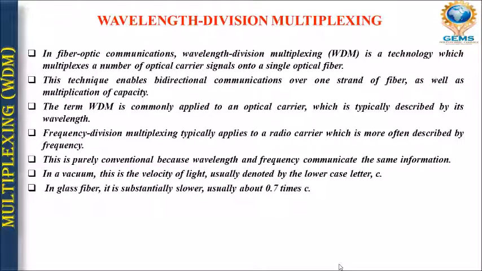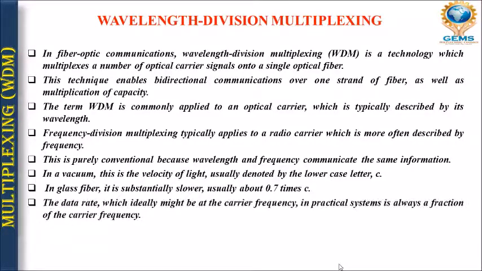In glass fiber, its speed is 0.7 times that of the velocity of light in vacuum. While talking about data rate, which ideally might be at the carrier frequency, in a practical system it is always a fraction of the carrier frequency. That means in WDM type of multiplexing, practically speaking, it is always a fraction of the carrier frequency.